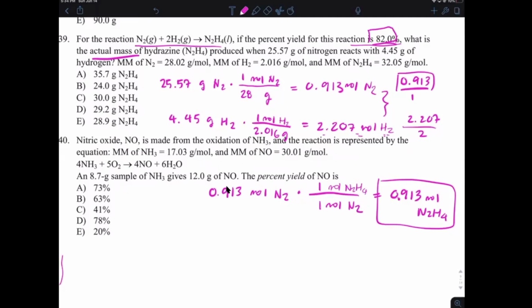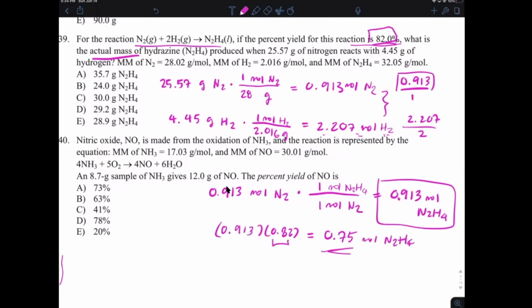Or let's just assume that, yeah, okay, so if we do that, we should get around 0.75-ish. And this is how much we actually get, because that's how we have a percent yield in this case.